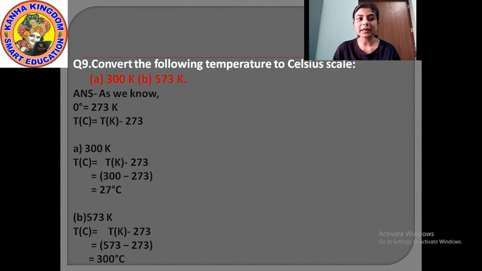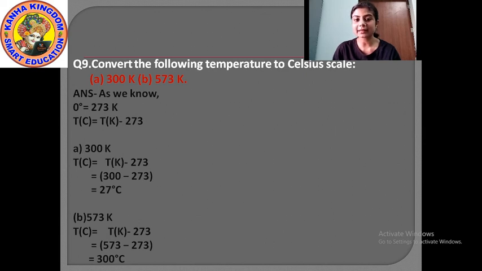So the solution is: temperature in Celsius is equal to temperature in Kelvin minus 273, which is 573 minus 273. The answer will be 300 degrees Celsius.